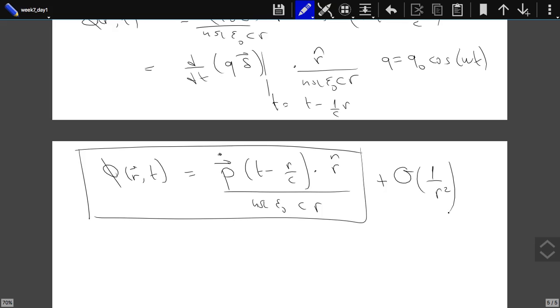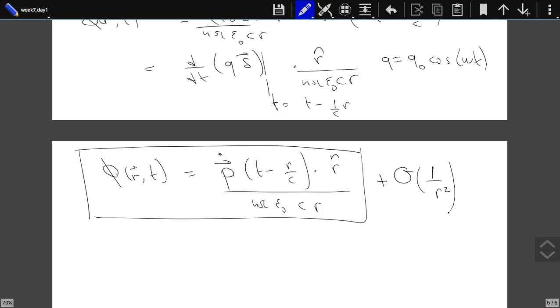Of course, I will have the gradient of 1 over r, which will become 1 over r squared, but in the very far away zone that's not important. That will just go to 0. That will not contribute to the radiation. But phi depends on r also through this term, so I will get an additional term which has the second derivative of the dipole moment. And that will be my radiation term.